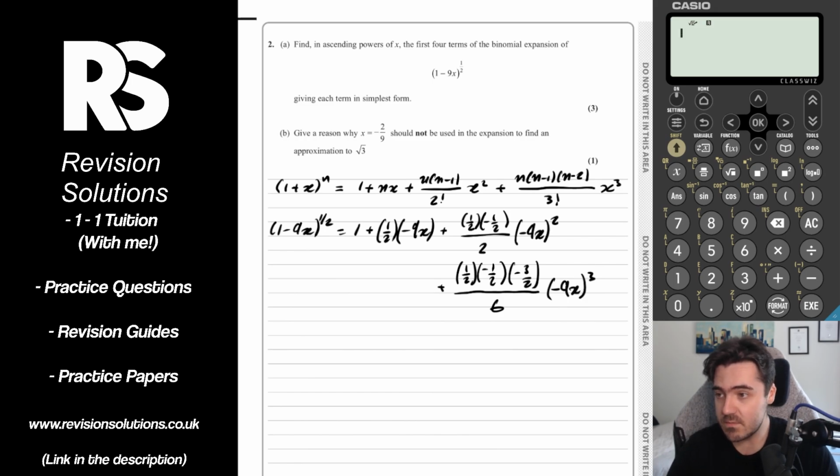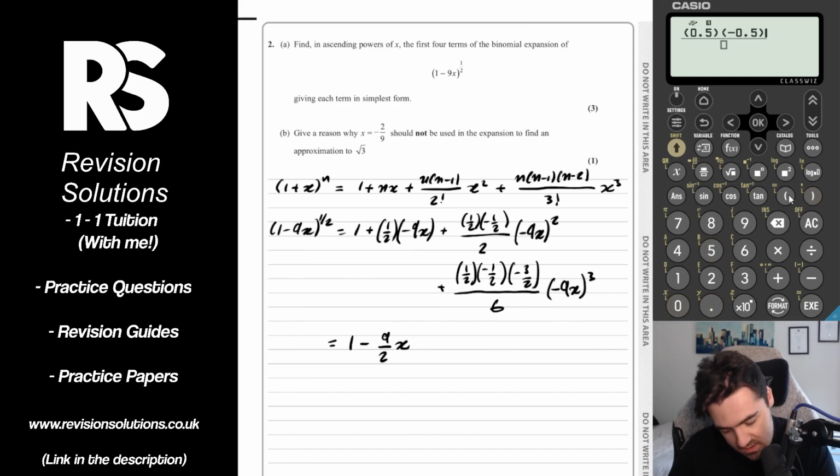Then we can just simplify this up. The first 2 terms are pretty straightforward. So the 1's just the 1. Then a half times minus 9, that's minus 9 over 2 x. Then from here, I'd probably just use the calculator. So in that x squared term, we're going to have a half times minus a half.